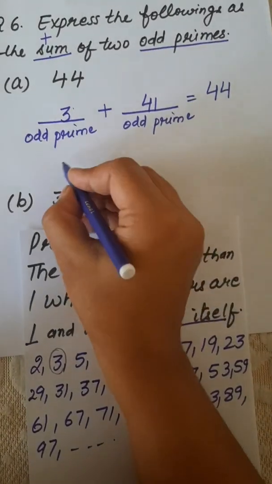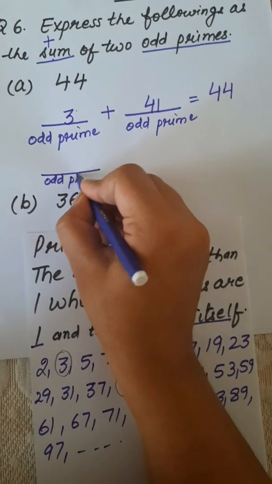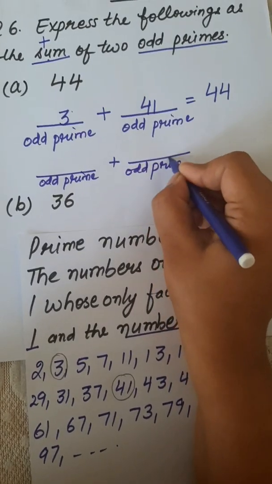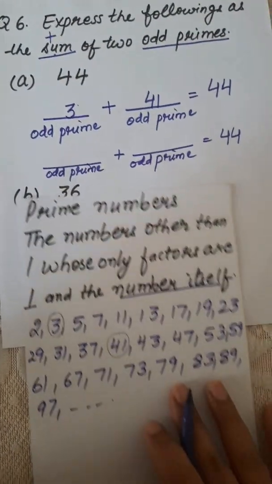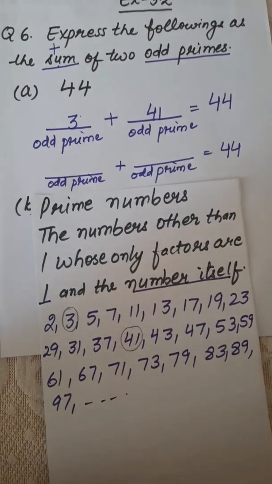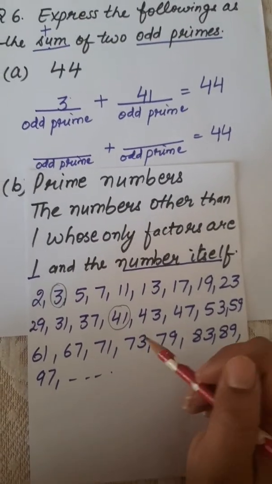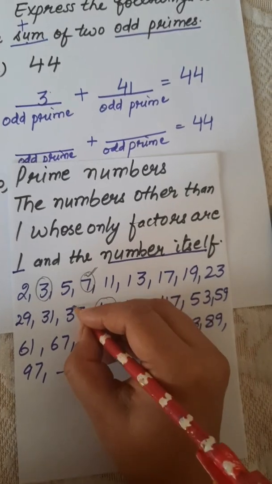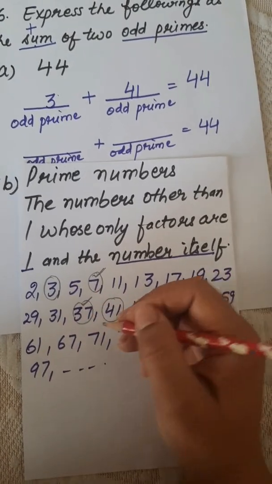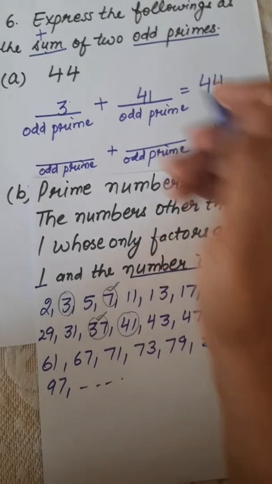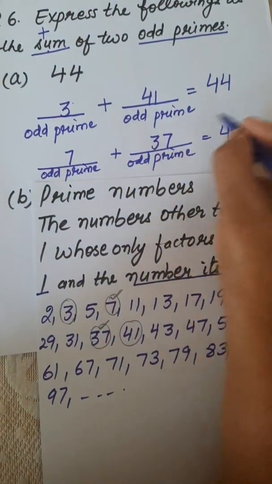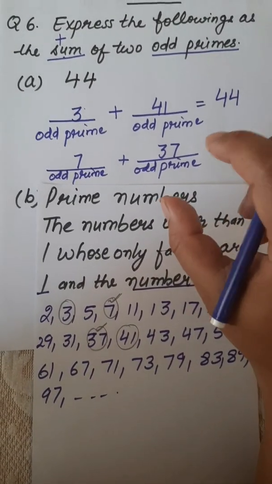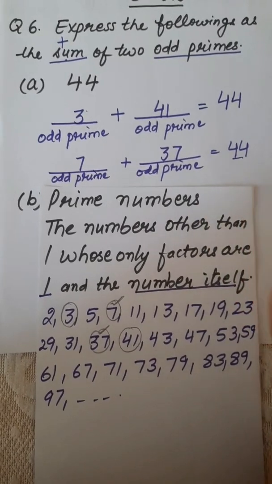Both the numbers should be odd primes. If I take 7, then I will add 7 with 37. 7 plus 37, again I will get 44. Similarly, you can find another pair so that after adding both odd prime numbers, you will get the required answer.